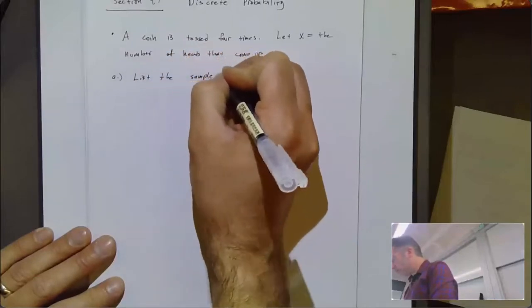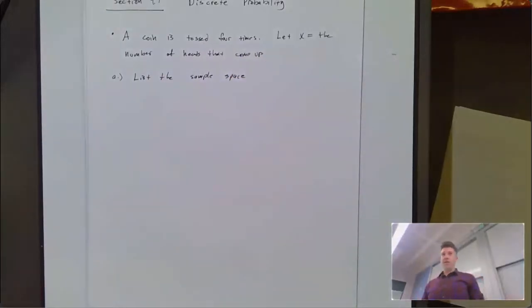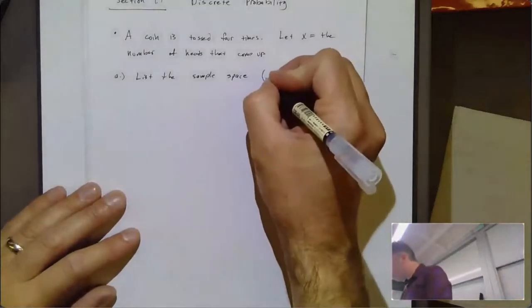The sample space, sometimes people use the symbol omega for it, although it comes up in different classes. The sample space is literally the set of all possible things that can happen.